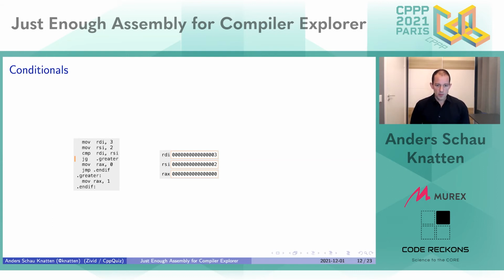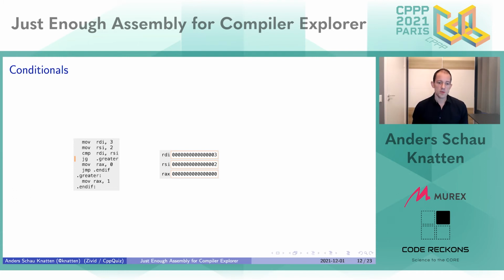So if we want to see if RDI was bigger than RSI, we can use the JG instruction, which means jump greater. So JG is just going to see, like, you did a comparison and it stored away some metadata about that comparison. So I can now go look and see was the flag set that indicates that it was greater. So JG, jump if greater, and it jumps if it was greater.